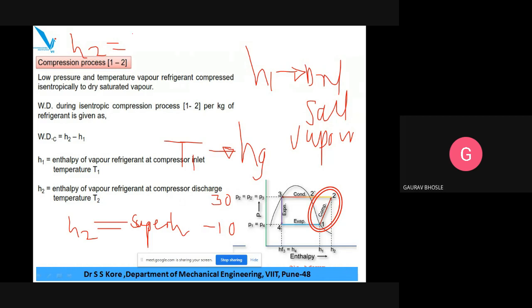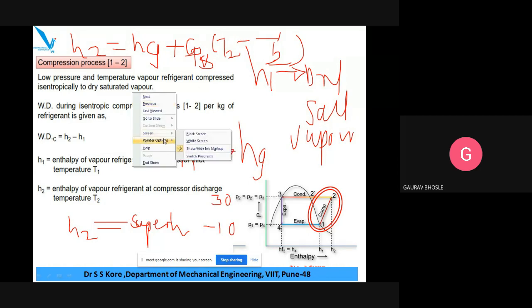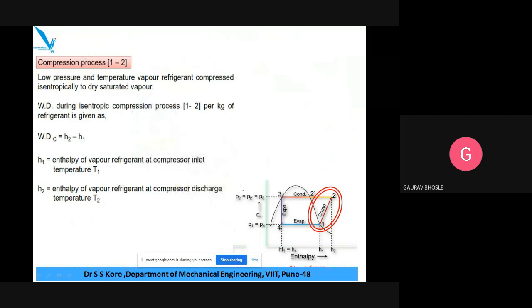First, the heat of vapor, that is Hg, plus the superheat, which can be found using the formula Cp of vapor into T2 minus T2 dash. From this we can find the enthalpy at point 2, and if you take the difference of these two, we get the compressor work.